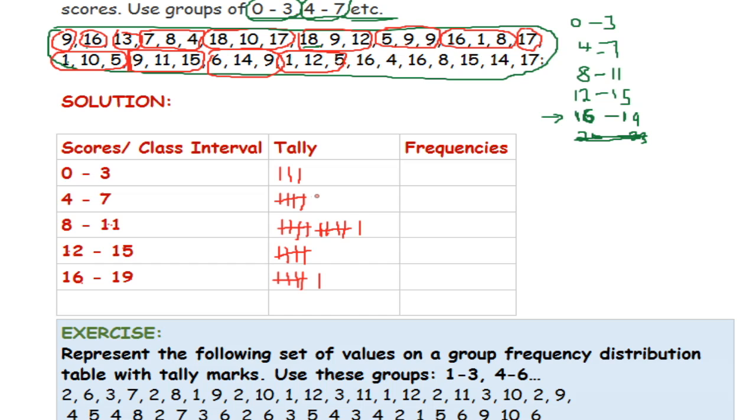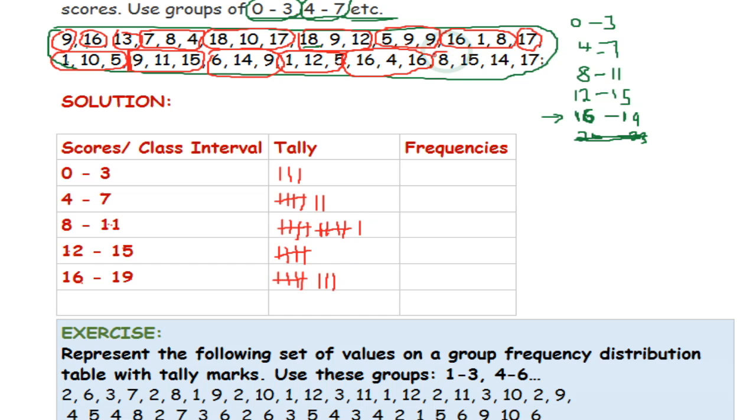Next one is 5. So 5 can be found here. Next is 16, 4, 12. So 16 here, 4 here, and 12 also here. 16 can be found also here between 16 and 19.